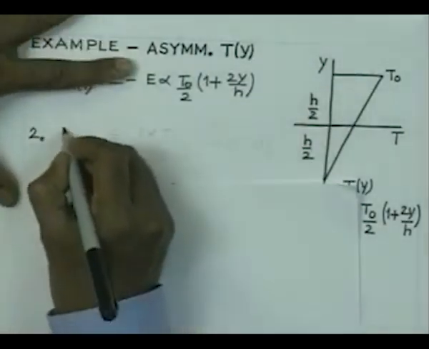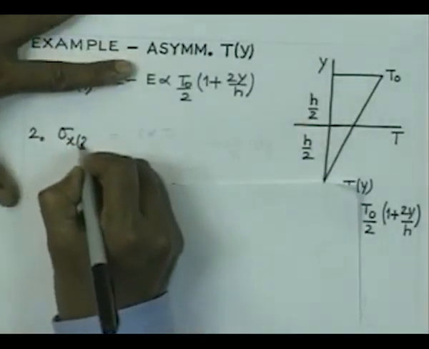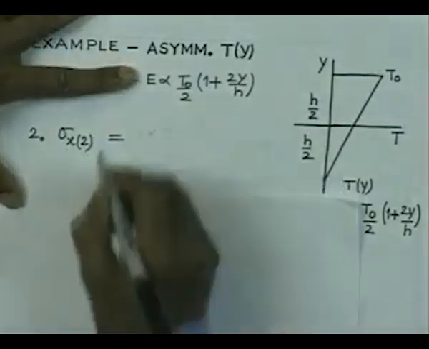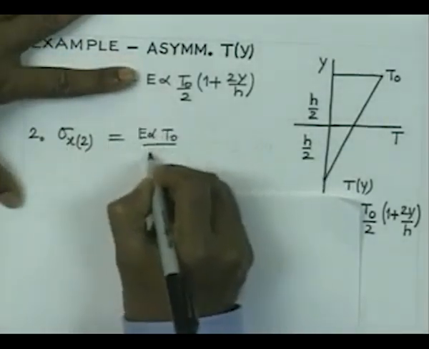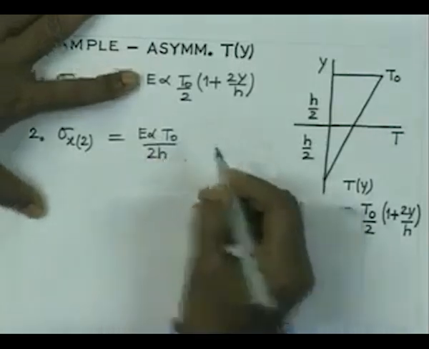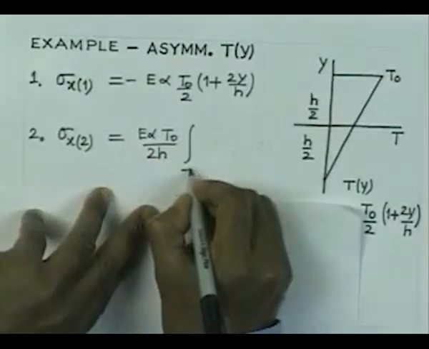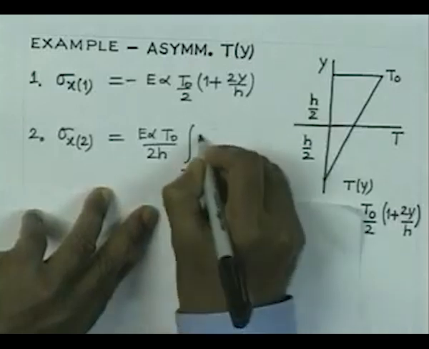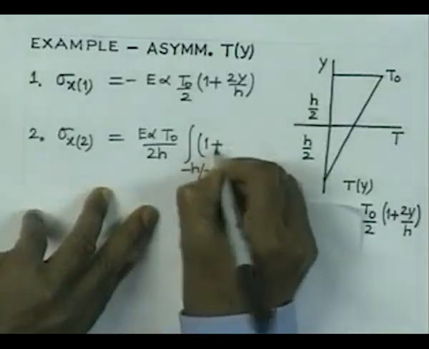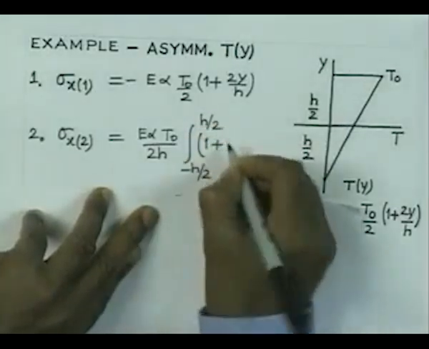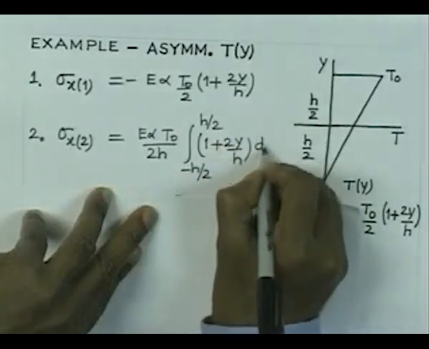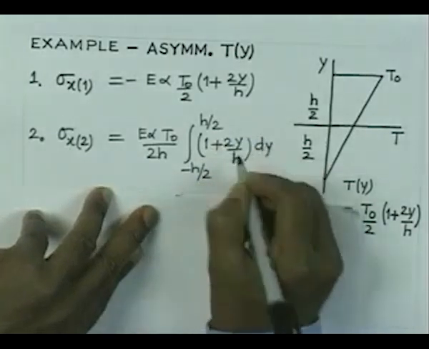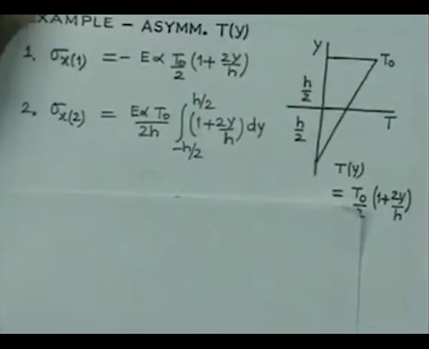Similarly, the second part sigma x2 is going to be E alpha T0 by 2h, integration of this 1 plus 2y by h dy, and of course, it is from minus h by 2 to plus h by 2.